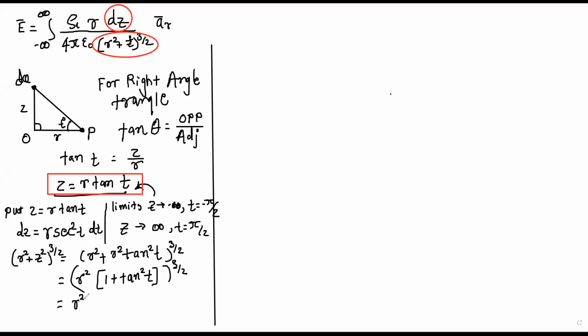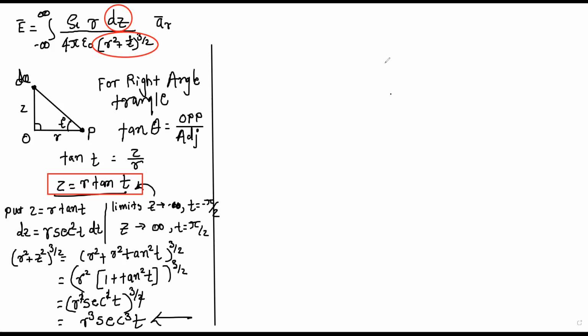Sec square t. Yes, so this becomes r square sec square t bracket raised to 3/2. So this by 2 gets cancelled with those squares, right? So final equation that I will get here is r cube sec cube t. Are you getting this equation how I have written?